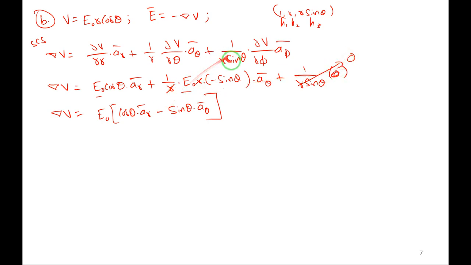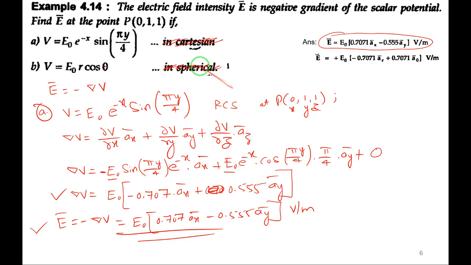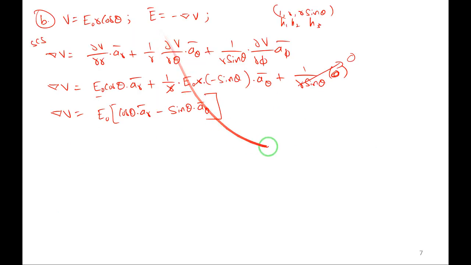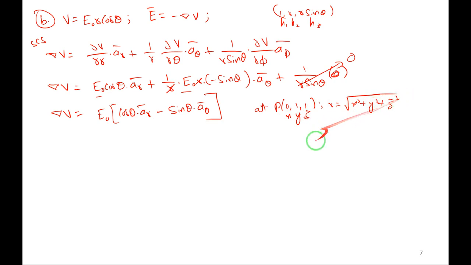Then next substitute the point they have given, P of 0, 1, 1. This is x, y, z, but what I want here is theta. So we know the relationship R is equal to the square root of x squared plus y squared plus z squared, and theta is equal to cos inverse of z by r.